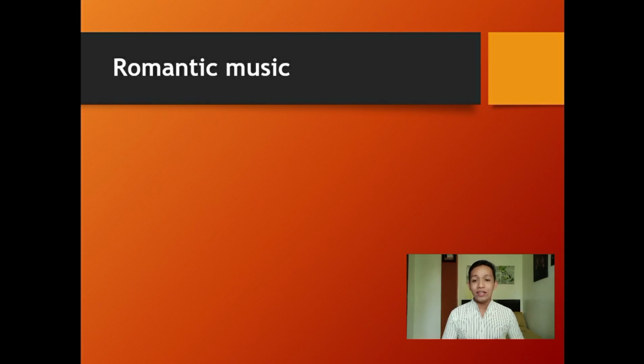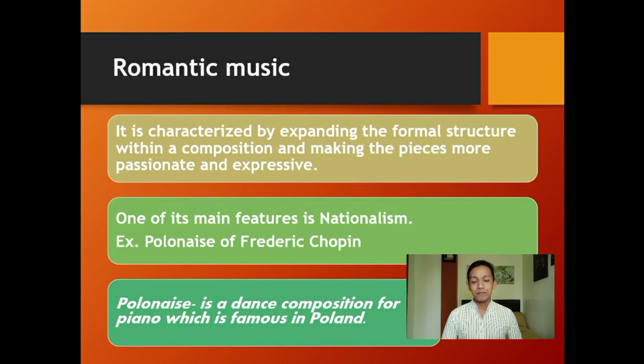Now, let us stress the definition of romantic music during the Romantic period since we are talking about the field of music. Romantic music is characterized by expanding the formal structure within a composition and making the pieces more passionate and expressive.